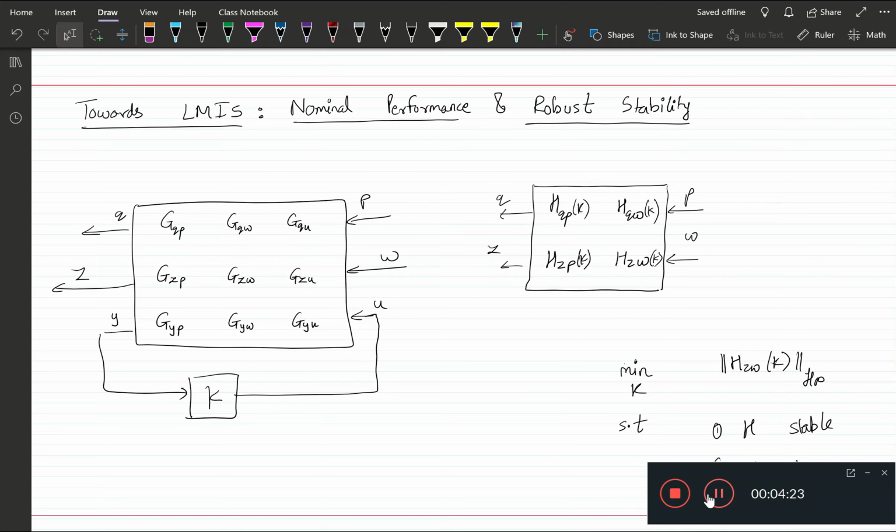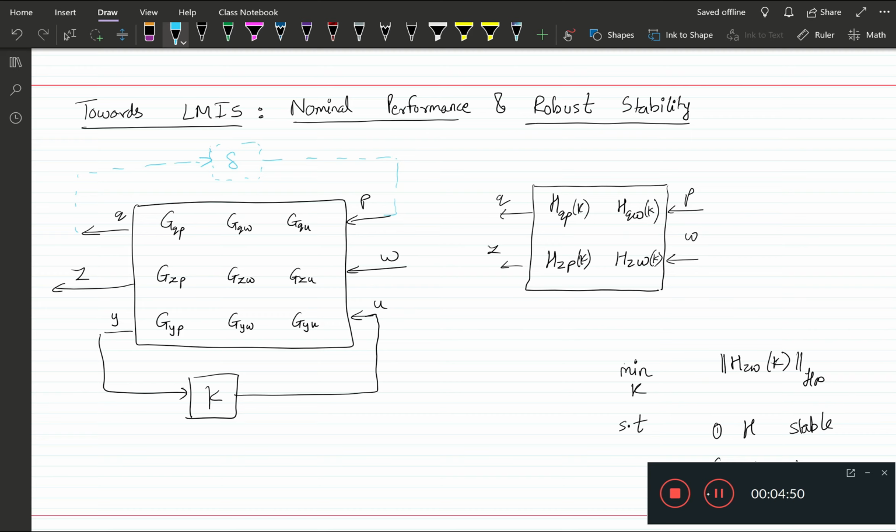Now let's see how we obtain LMIs for these conditions that we saw above. So we see here again the system, except that now I've removed the delta block. There was a delta block here, and the Q was going via this delta block and entering as P in the channel.